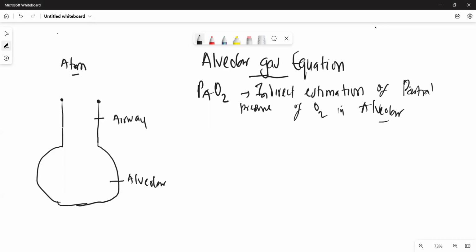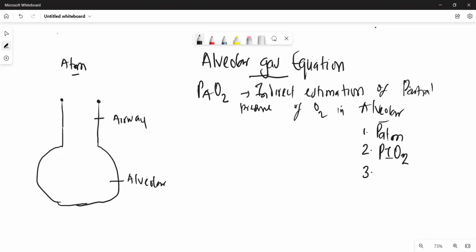And there are a couple of parameters that help us to determine this partial pressure of oxygen in the alveolar. The first one is the atmospheric pressure, which some people refer to as barometric pressure. Second one is our PiO2, which is the partial pressure of oxygen in the inspired air.